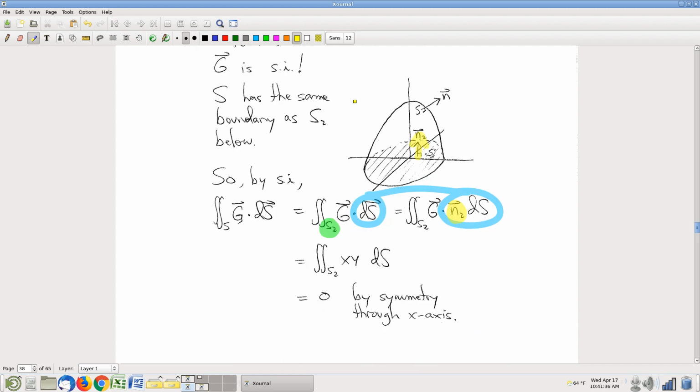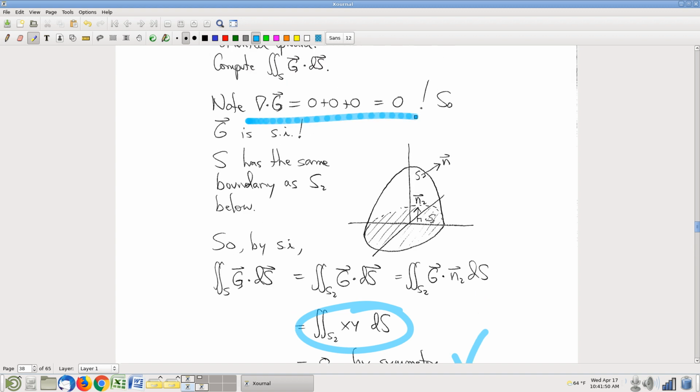So altogether we get the integral of xy, and by a symmetry argument, that integral is 0. Really nice argument: you take the divergence to establish surface independence, make a clever, appropriate choice of your new surface, and then capitalize on all the benefits of that new surface you chose.